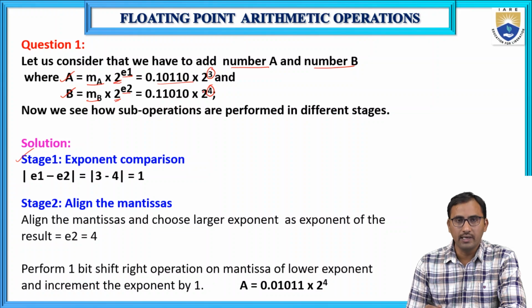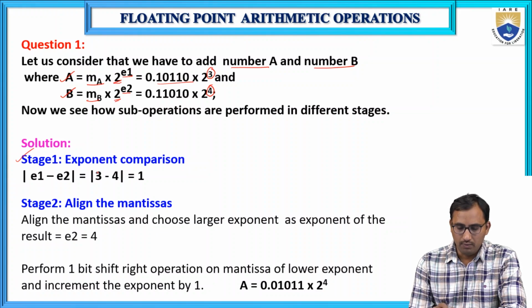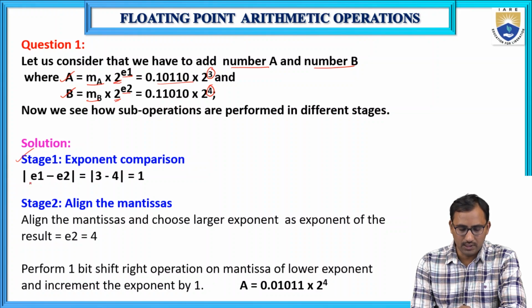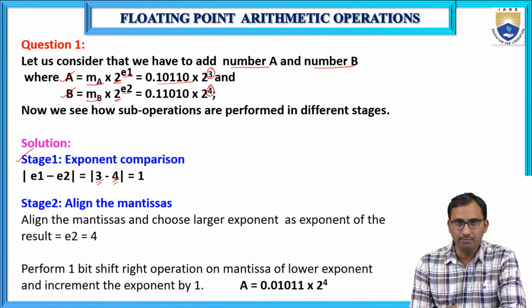Because of the inequality, we have to make them equal. First we check how much difference there is in their exponents, that is mod of E1 minus E2, the first number exponent minus the second number exponent. That is 3 minus 4, which is minus 1. Because of the mod, we take only the positive value 1.